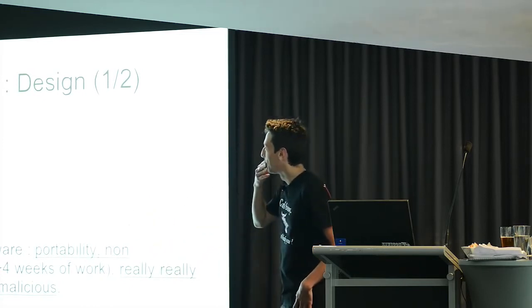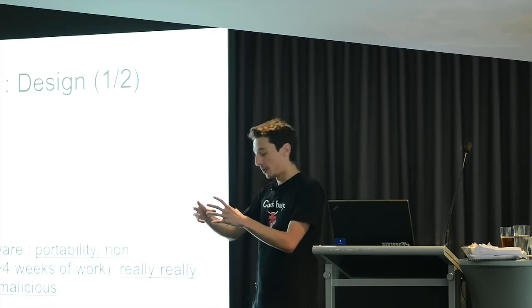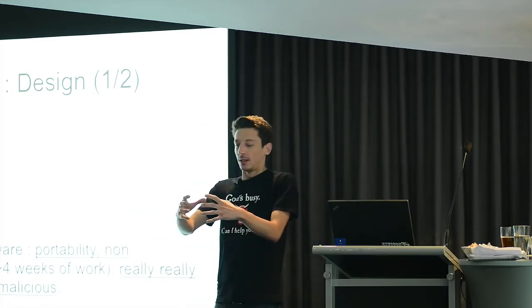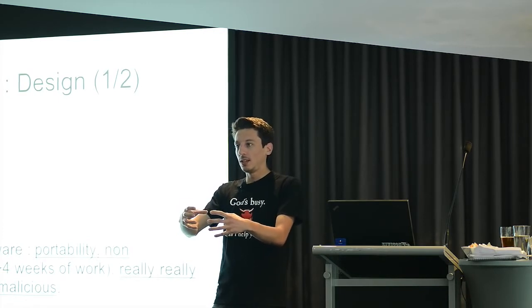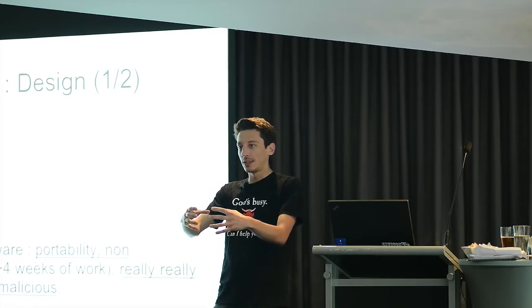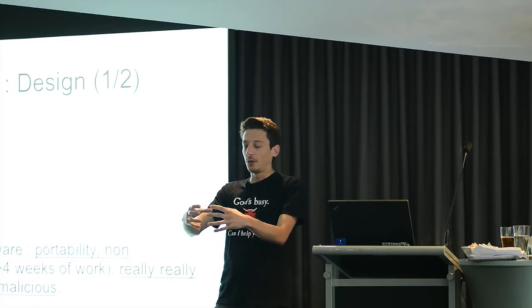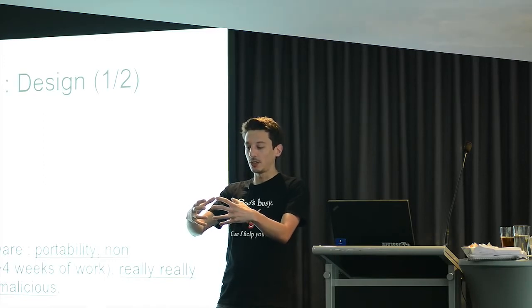But the idea is that it works this way. Your computer, when you start, boots in legacy mode 8088, so it's 16-bit real mode. The BIOS is the first piece of software which is executed in memory.